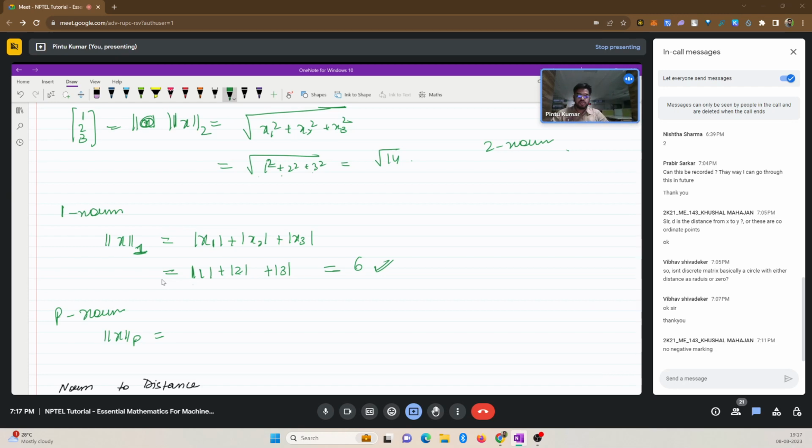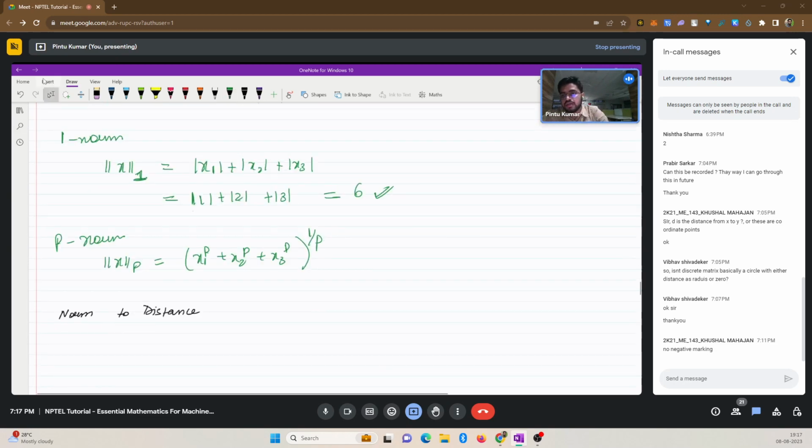So now you will do x1 to the power p plus x2 to the power p plus x3 to the power p, and after you have added them, you will take the power 1 by p, that is the pth root of this sum.